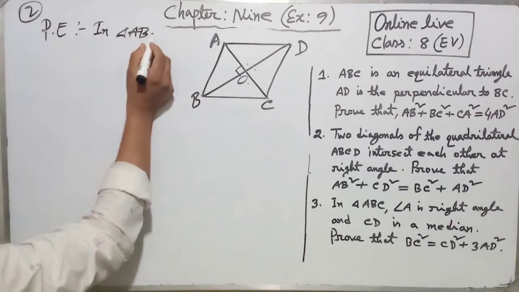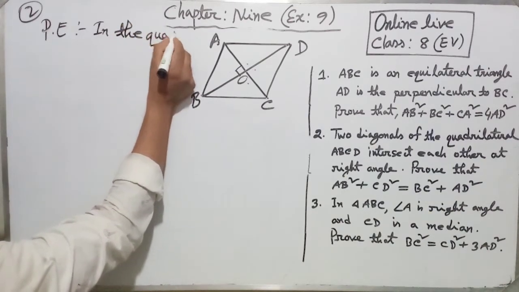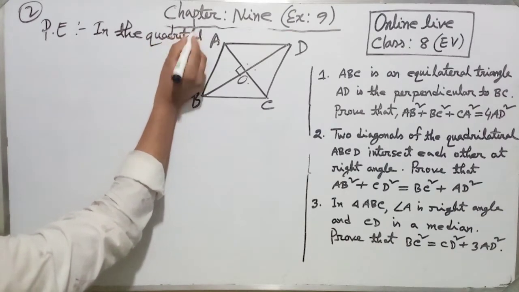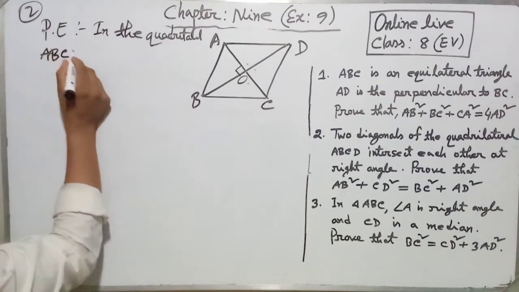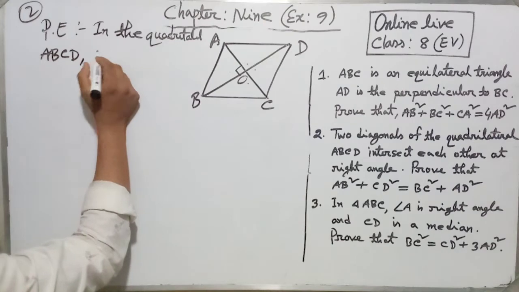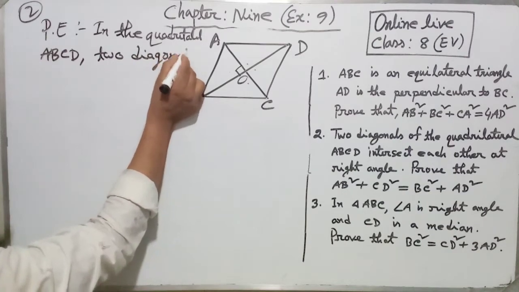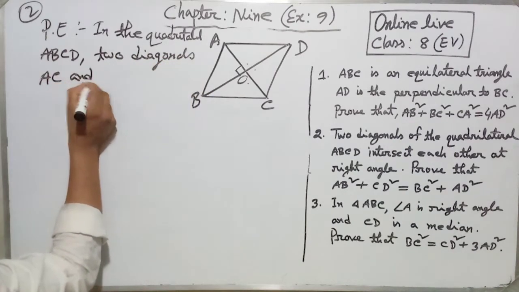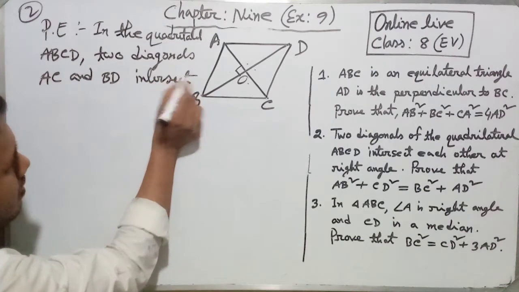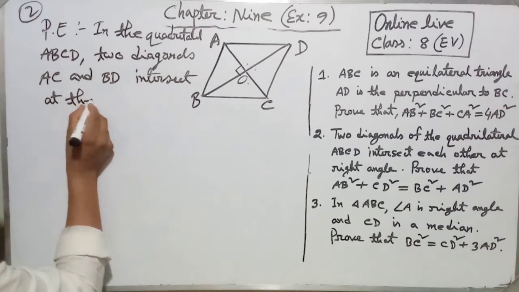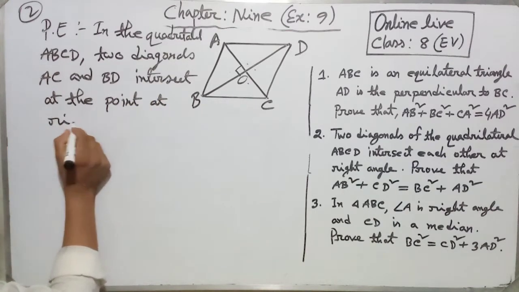In the quadrilateral ABCD, two diagonals AC and BD intersect at the point O at right angle.